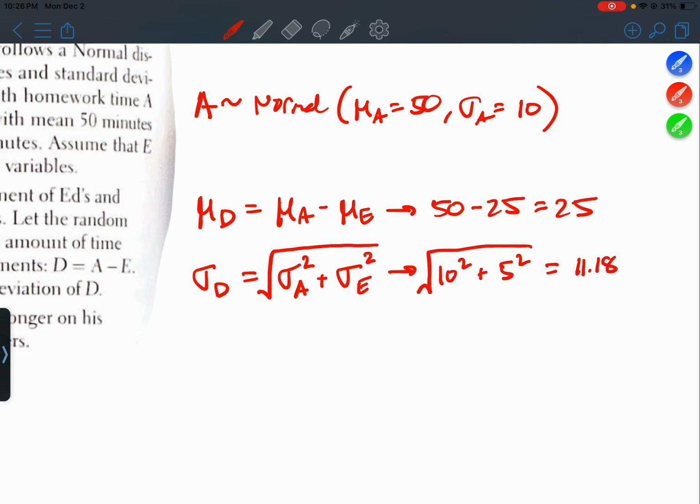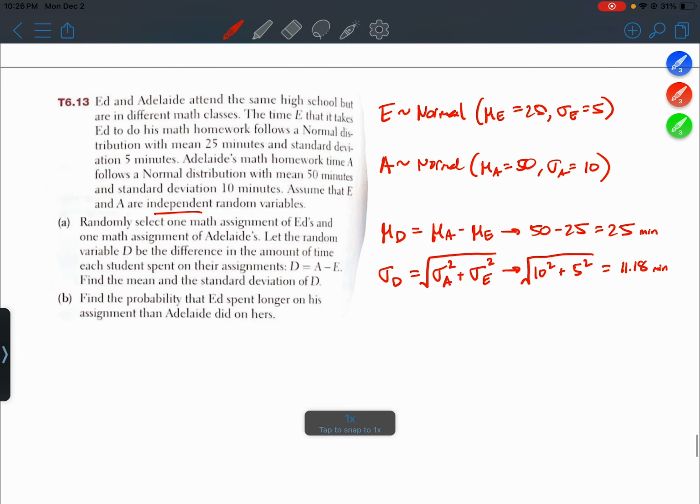All of these units are in minutes. So in the long run, if we surveyed many days from Ed and many days from Adelaide, on average the difference in their homework time would be about 25 minutes, and that difference in time will typically vary by about 11.18 minutes from the mean.